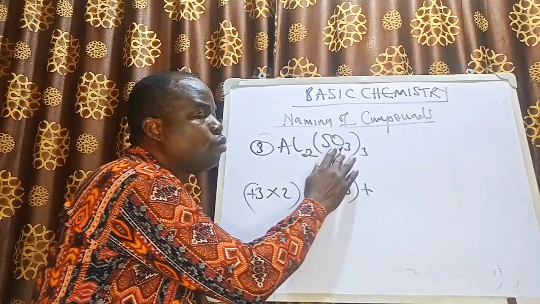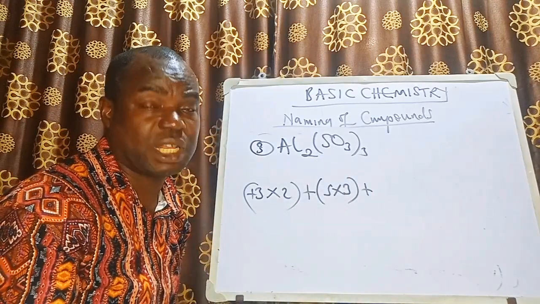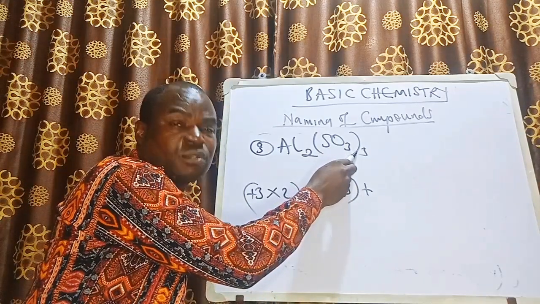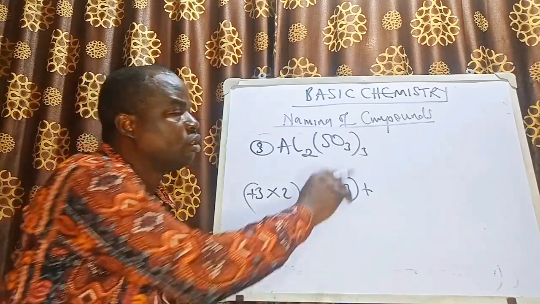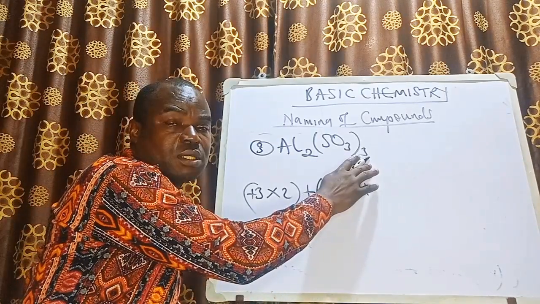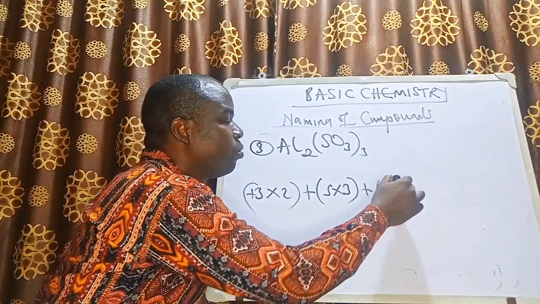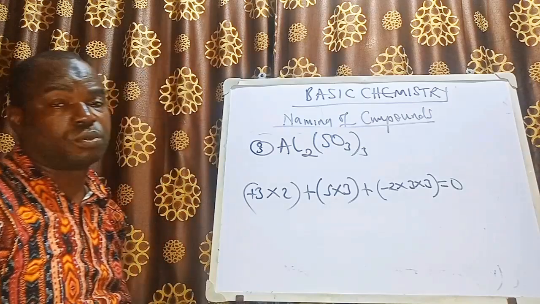Now, this oxygen, which is minus 2, we've already done oxygen before. Oxygen is minus 2. That's its oxidation number. I'll first multiply it by 3 and multiply it by another 3. Why? Because it's also one of the owners of this 3 here. Now we have minus 2 times 3 equal to 0.